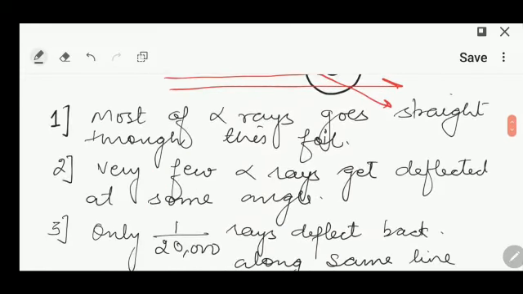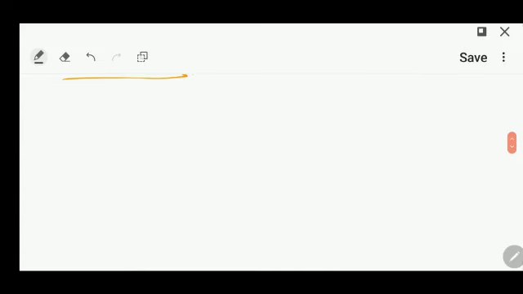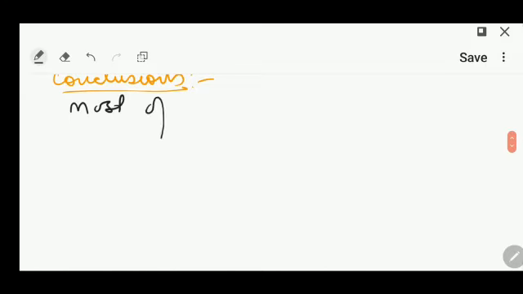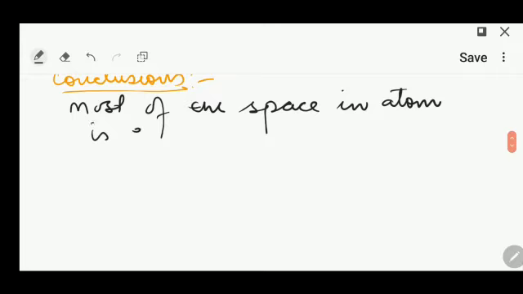So in our first observation, most of the alpha rays go straight through the foil. What does it indicate? It indicates that most of the space inside the atom is empty.